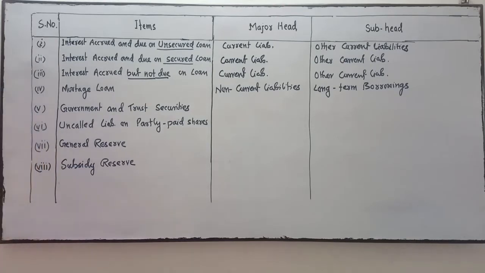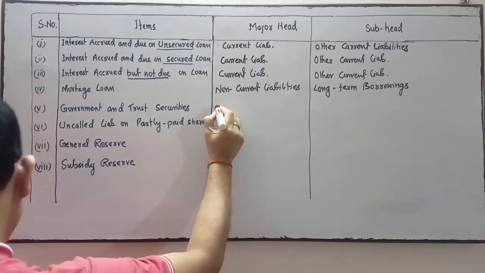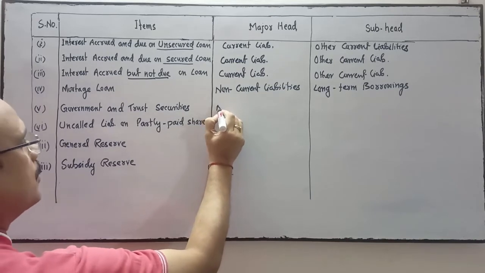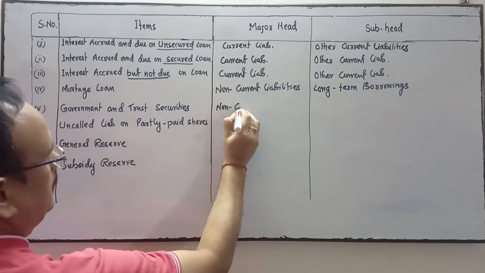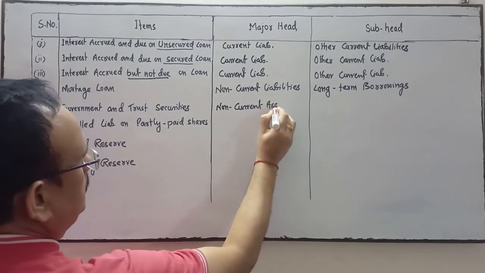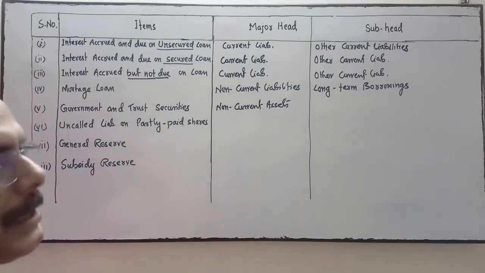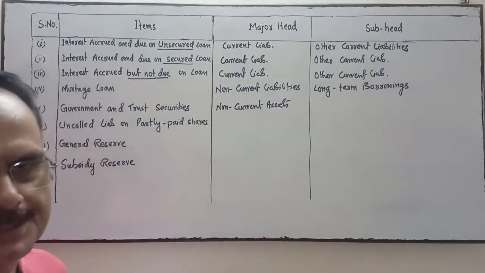Next is government and trust securities. If any such security is given, it comes under the non-current assets, because long term securities are considered as long term securities given to government and trust.